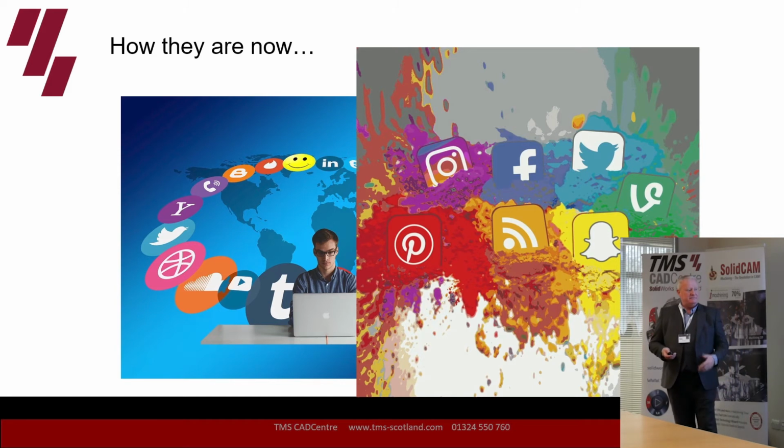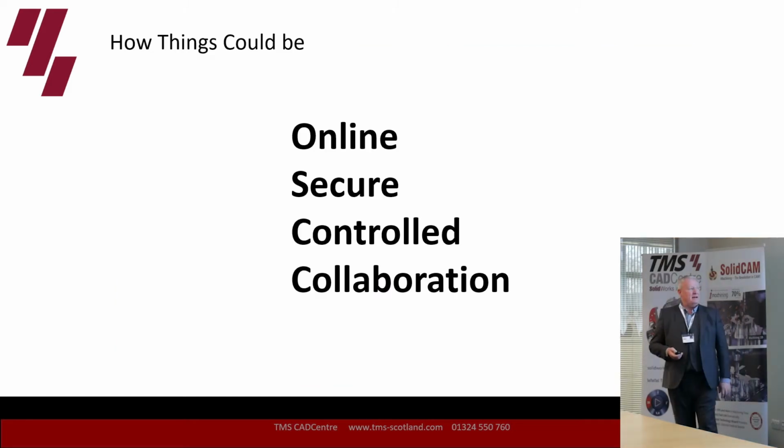The reality, the thing we really would like to have, is some way of communicating which is online, because we're all now used to communicating online. We want it to be secure, so whatever we put on that online community is in a secure environment. No one can access it without having the correct access.